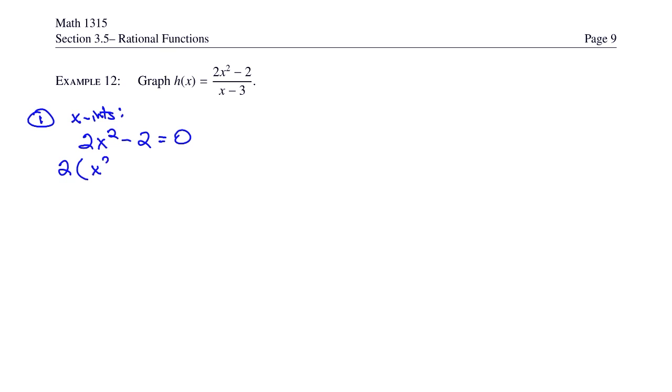First, notice that you can factor out a 2, and that gives us 2 times x squared minus 1. x squared minus 1 factors as x minus 1 times x plus 1.